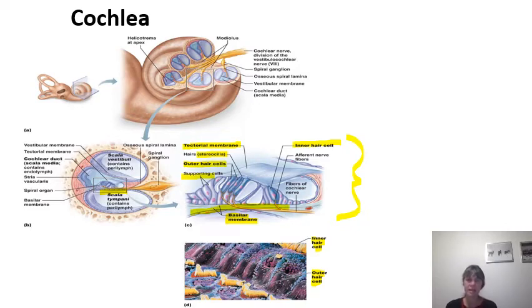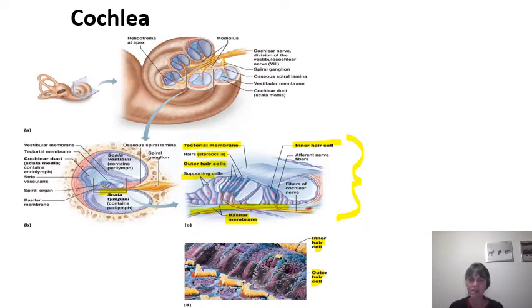Now, what happens is when fluid flows through the scala vestibuli, the waves of fluid actually displace the membrane of the scala vestibuli, which causes displacement of the scala tympani below it. That moves the basilar membrane.